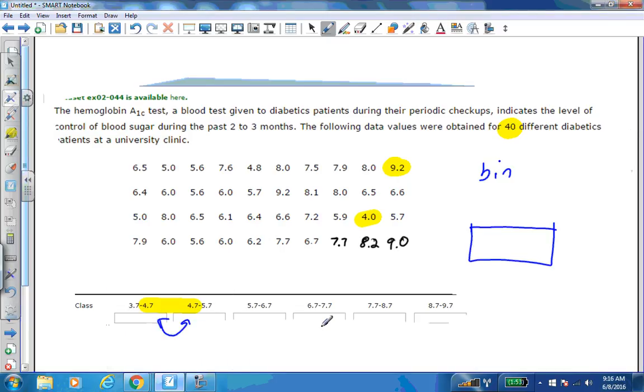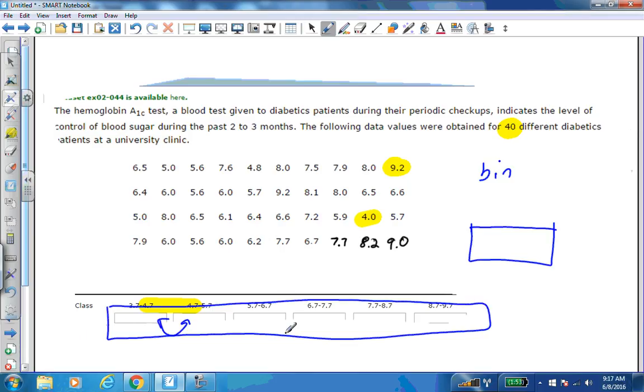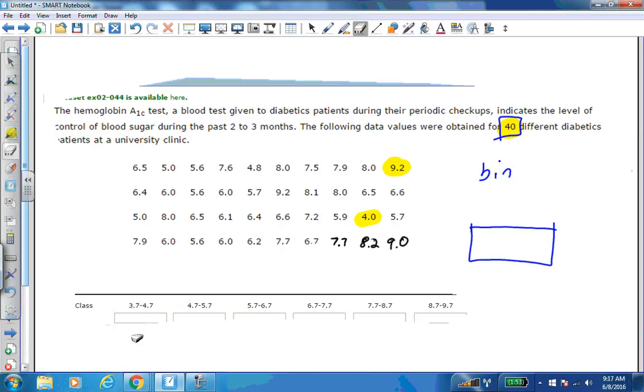We want each data value to fall in just one category so that if we were to add up the total number of values in all of the categories, it should equal 40. It should equal our number of data points that have been collected. So we don't want any of them to be repeated. We want each data value to be accounted for one time. So 4.7 can't go into both of these. 7.7 can't go into both of these.